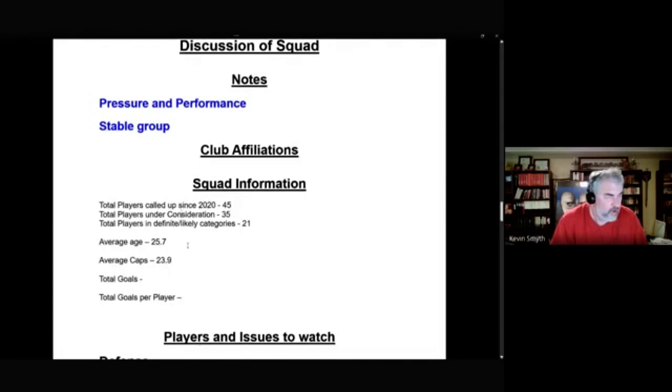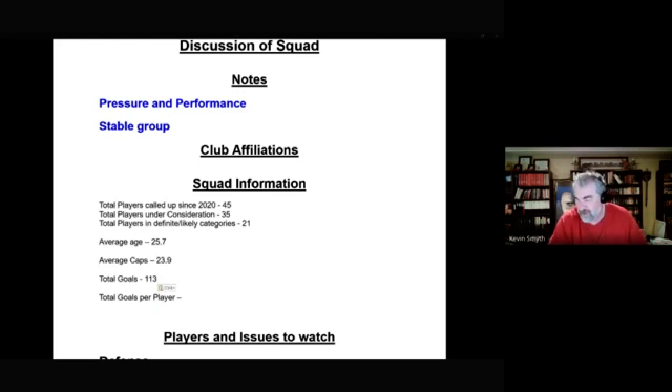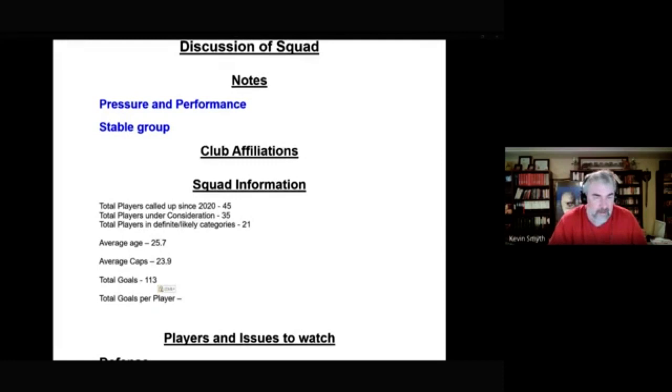In terms of goals, the team total is 113 among the players that are under consideration, and that works out to 3.3 per player.